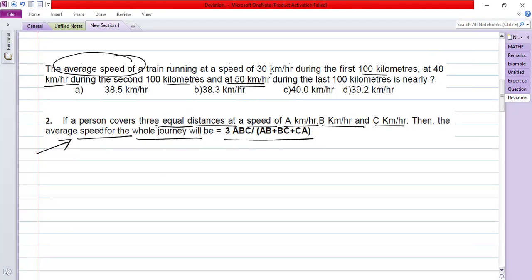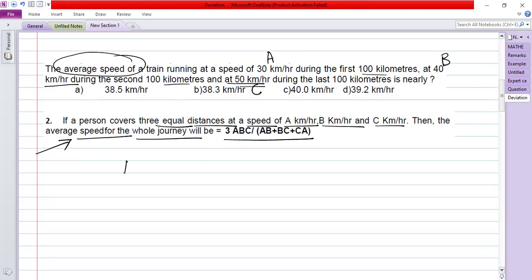So what is A here? This 30 kilometer per hour is our A, this 40 kilometer per hour is our B, and this 50 kilometer per hour is our C, because here the person is covering equal distances.